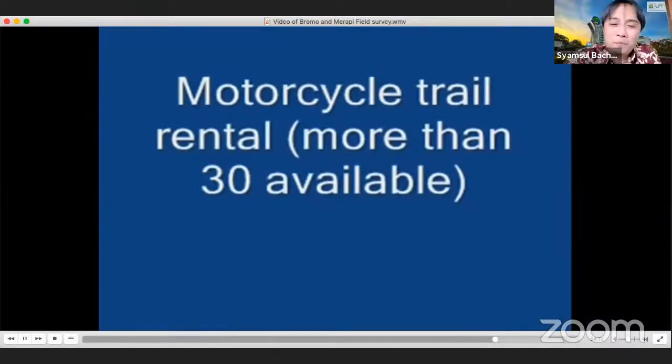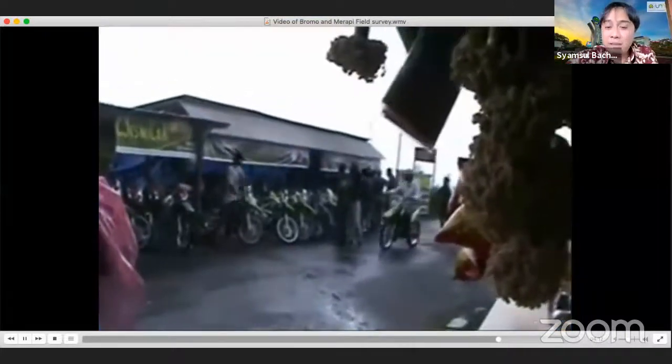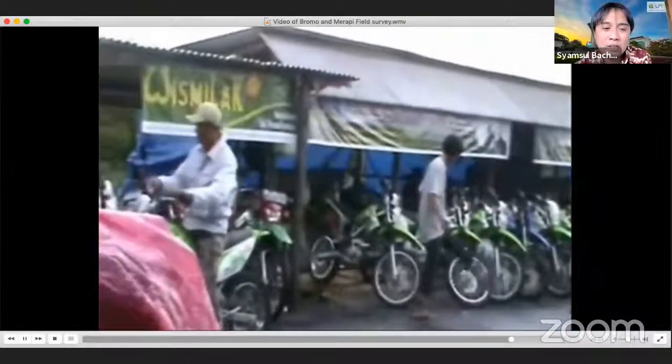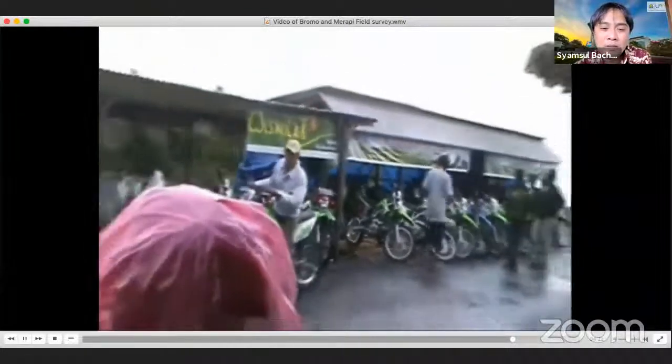And this is motor trail rental in Merapi, a tourism sports activity in Merapi. I took this video at the time. So it became a new activity after the eruptions.